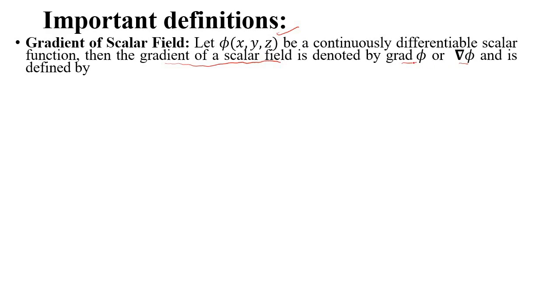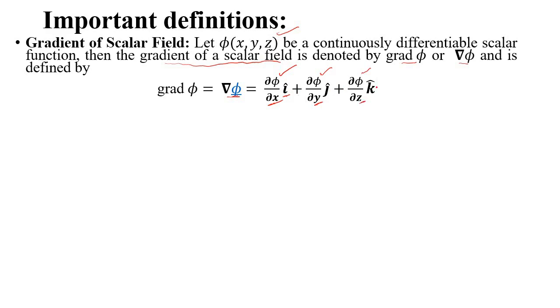This is the notation for the gradient of a scalar, and it is defined by, observe the definition here: gradient of a scalar is equal to the partial derivative of the scalar with respect to x into i, plus the partial derivative of the given scalar with respect to y into j, plus the partial derivative of the given scalar with respect to z into k.